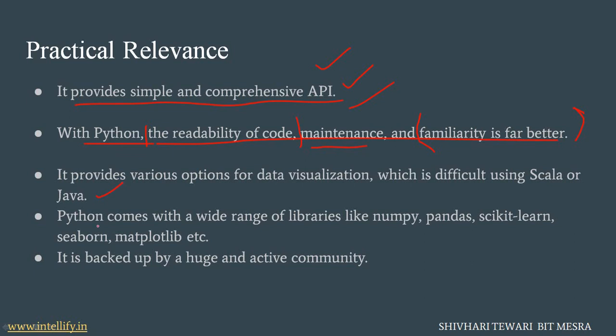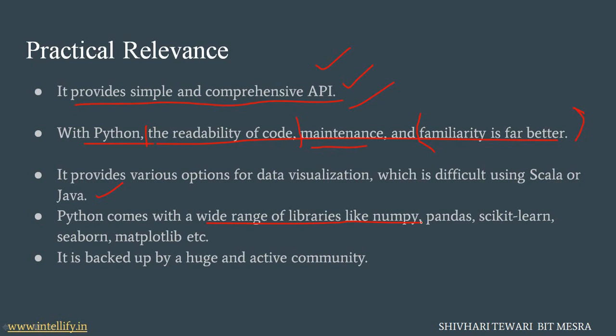Another one is that Python comes with a wide range of libraries. There are many libraries used in Python like NumPy, SciPy, scikit-learn, Seaborn, Matplotlib, qplot, ggplot. So all these kinds of libraries are used in Python to visualize the data. We can show the data in the form of a scatter plot, box plot.